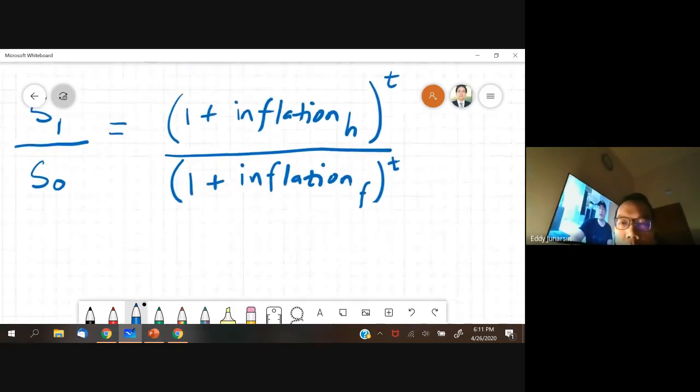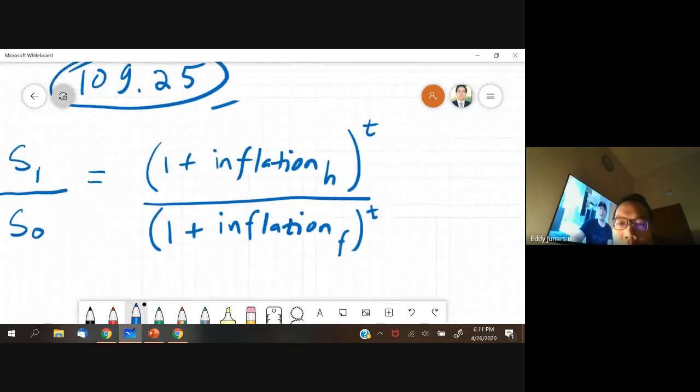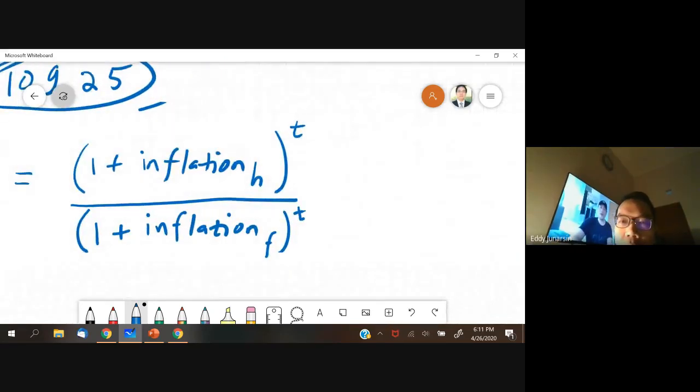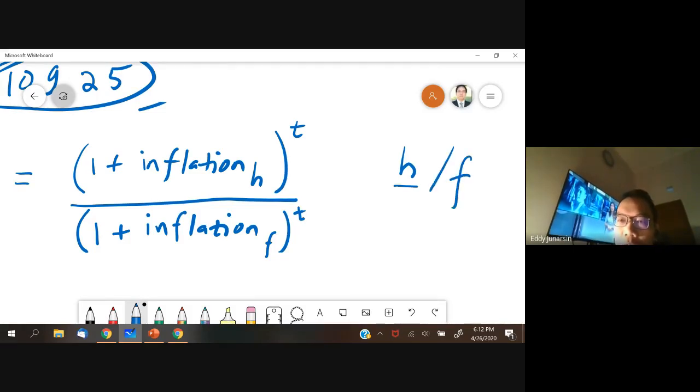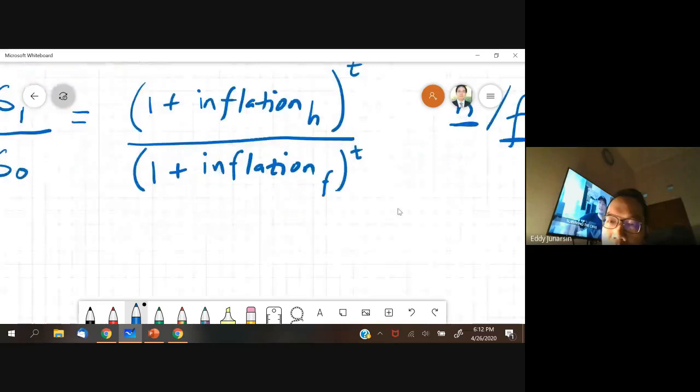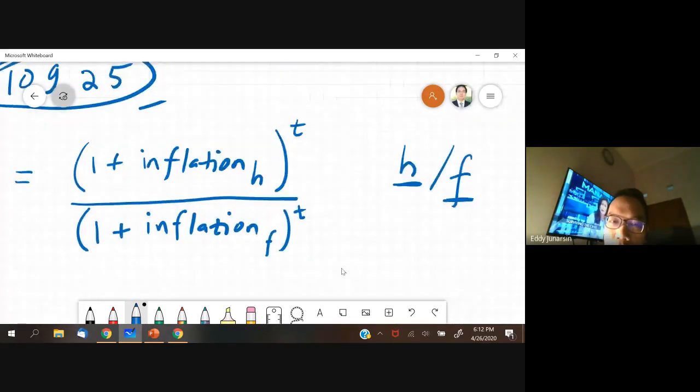So what is home country? Home country is the currency that you mentioned in front. So you always use the direct quotation, right? Home per foreign. The currency that you mentioned in front is the home country, and the currency that you mentioned at the back is the foreign country. So we always use the direct quotation, right?